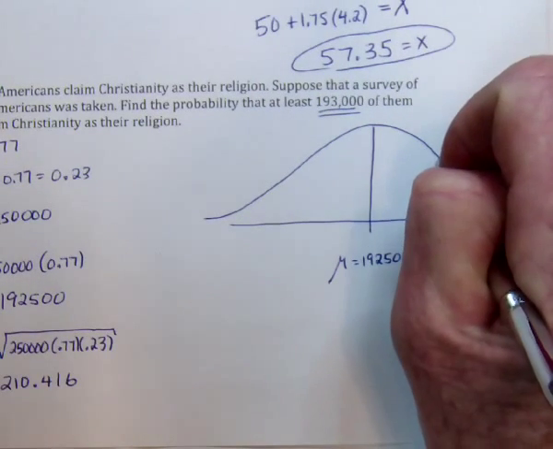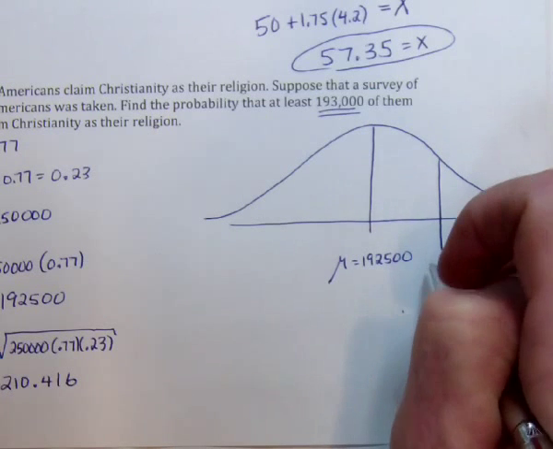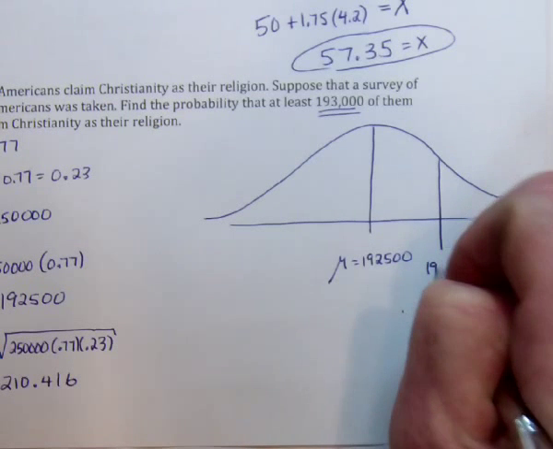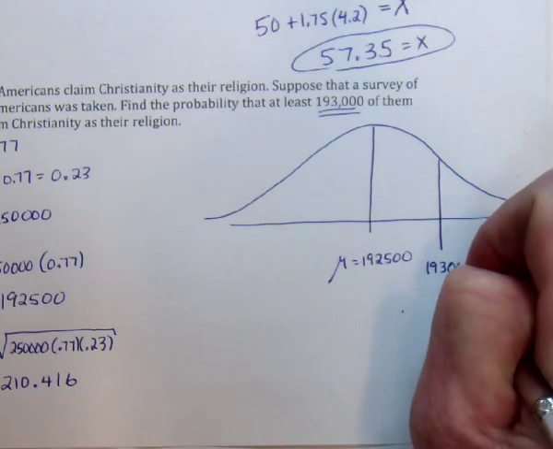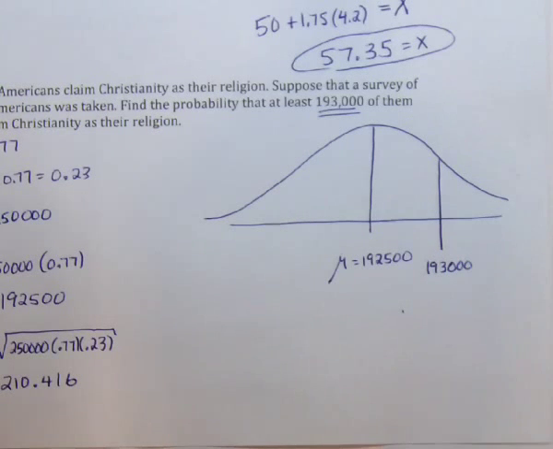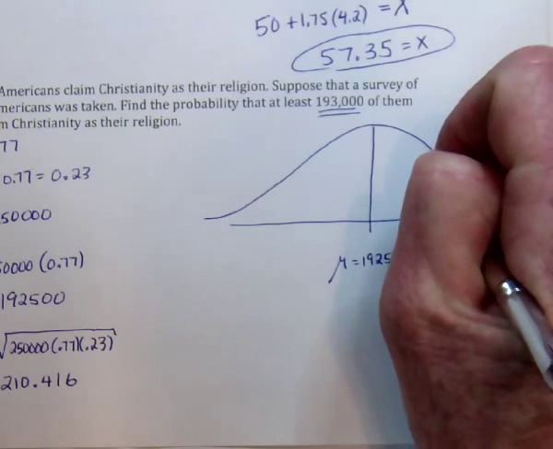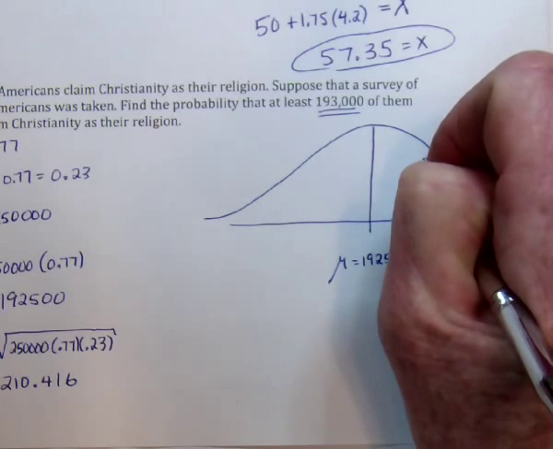So somewhere out here is that 193,000. Well, the person that is the 193,000th. And the thing is, this is a discrete value. This is one person. So that means that there's actually a bar that represents their probability of being a Christian.